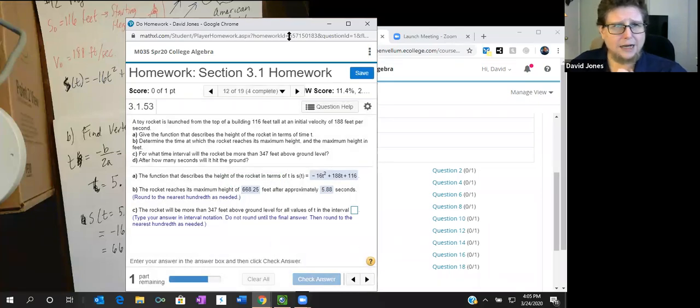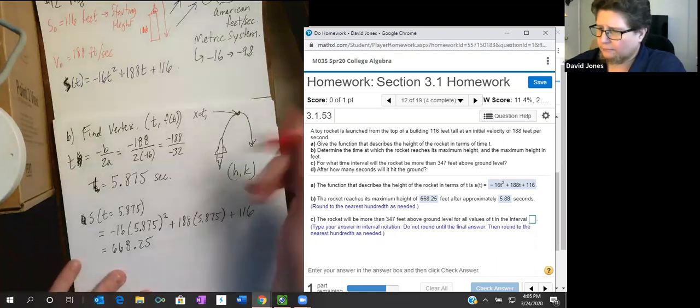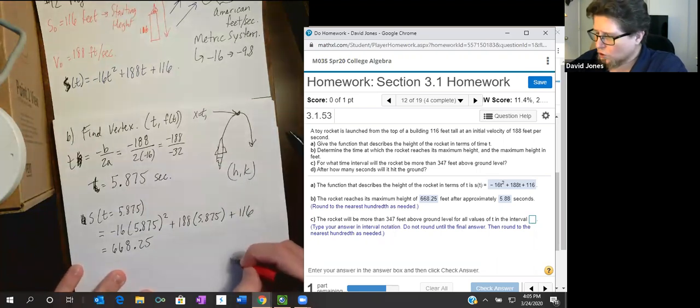For what time interval? The rocket will be more than 347 feet above the ground for all values of t in the interval. So the rocket's going up. It starts at 116. We know it goes all the way up. So right here, it's at 116 feet tall.